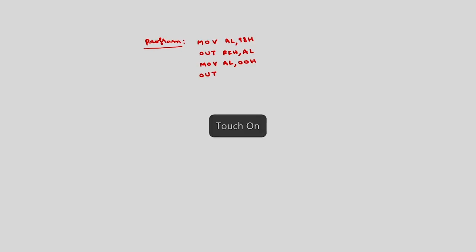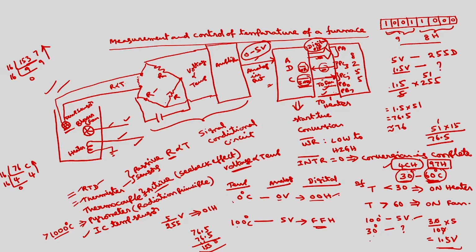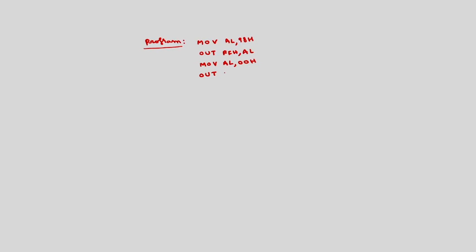So this WR bar is connected to port C lower, right? Port C lower, WR bar you have to make a 0 to 1 transition. So port C address will be FEH, AL. This will make PC3, which is equal to WR bar, low.